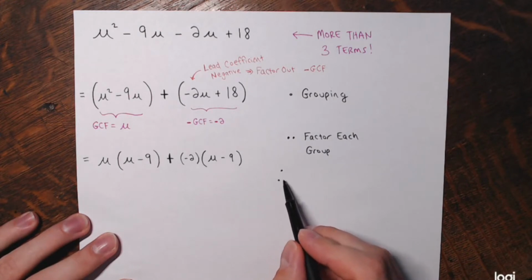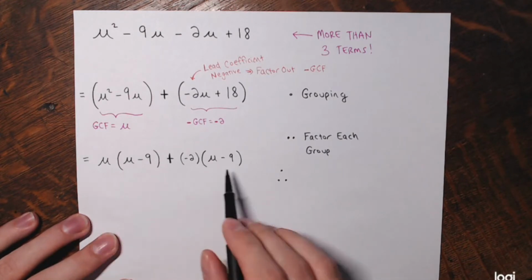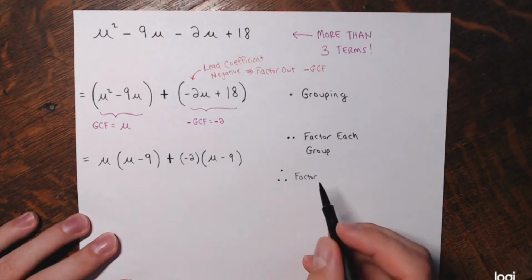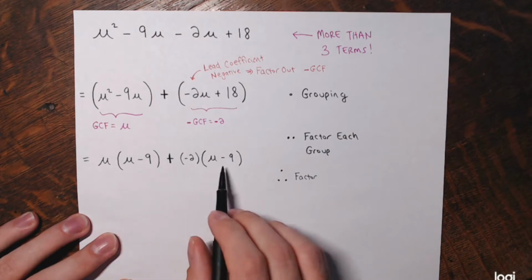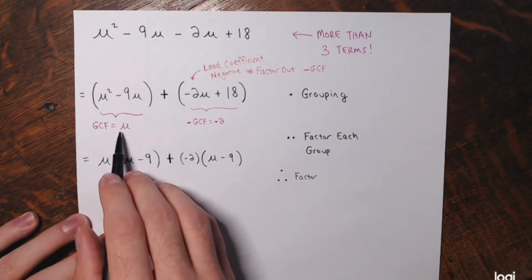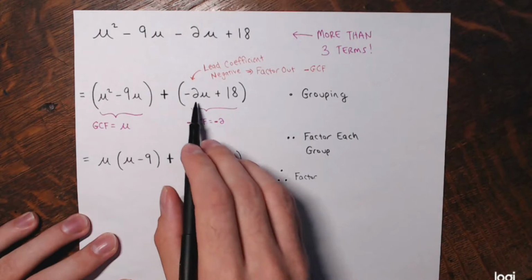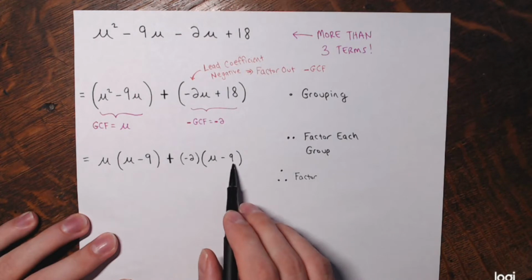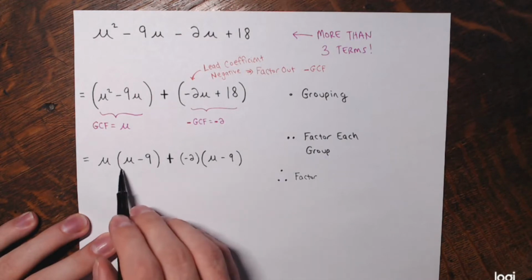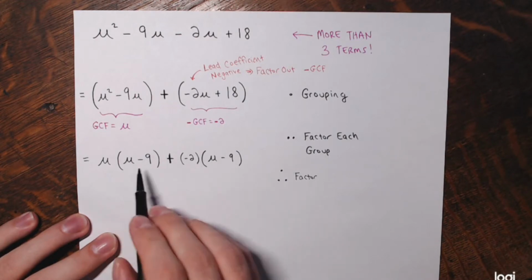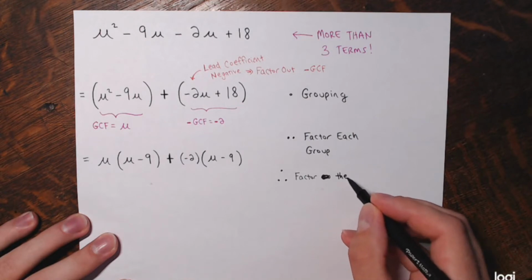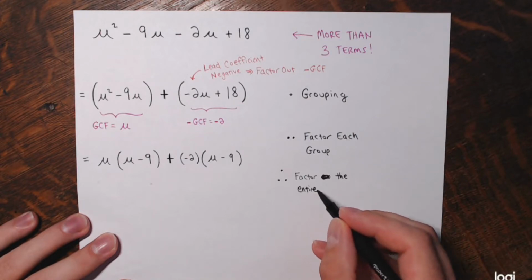Alright, then after you factor each group, you factor the entire expression, if possible. Right? Do you notice how after I factored out the u from the first group and the negative 2 from the second group, that other factor is common now to both the first product and the second product, right? u minus 9, u minus 9. So we can factor the whole expression now, factor the entire expression.